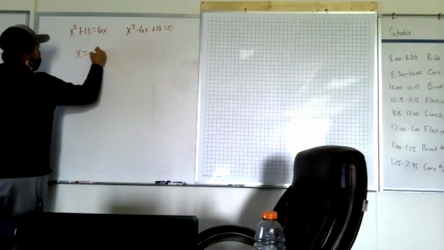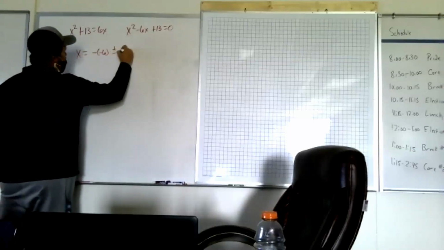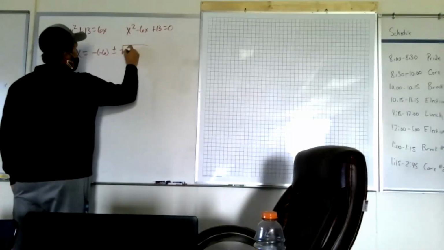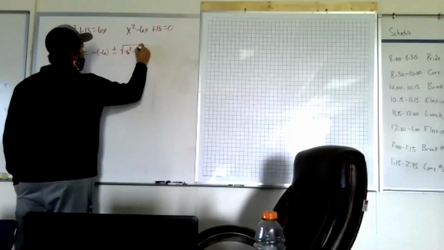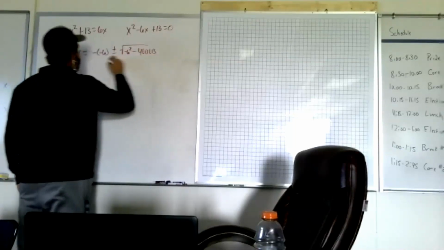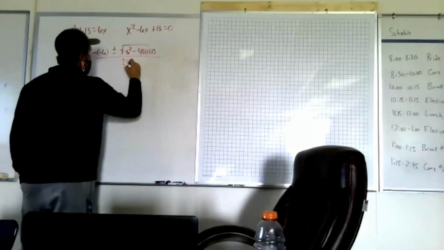So x is equal to negative negative 6 plus or minus the square root of negative 6 squared minus 4 times 1 times 13, all divided by 2 times 1.